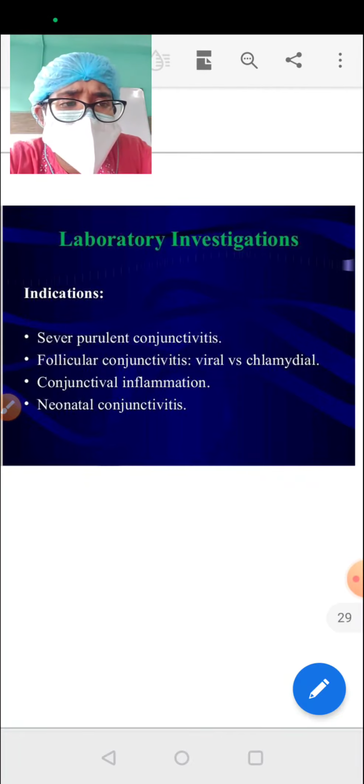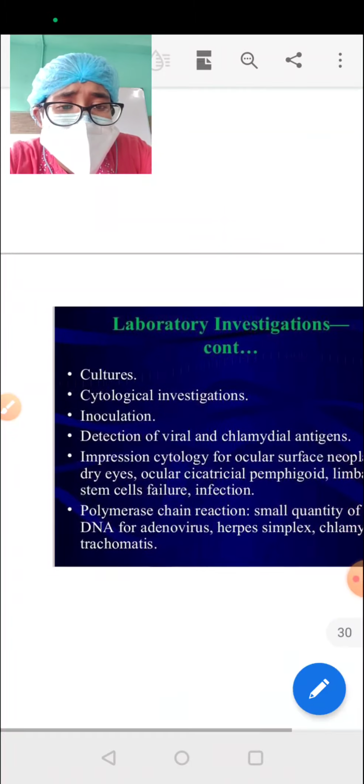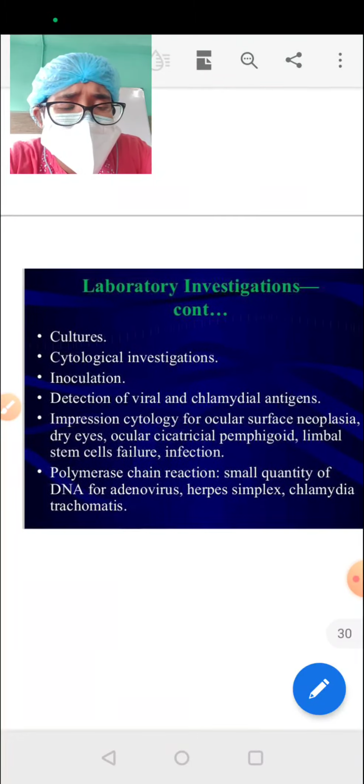Only in cases of very severe and purulent conjunctivitis or neonatal conjunctivitis do we perform investigations. These are microbiological investigations: culture, even polymerase chain reaction, DNA PCR, and impression cytology for the ocular surface.